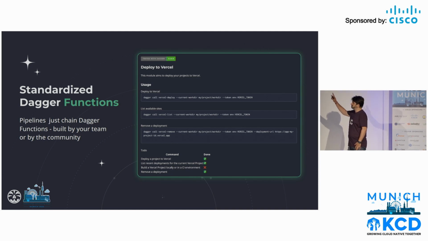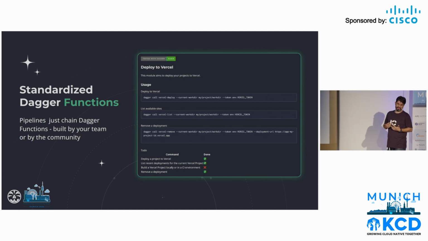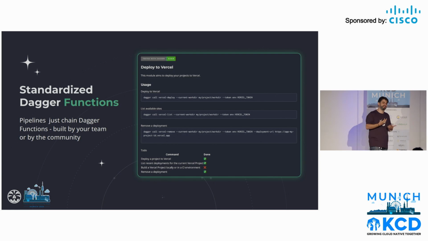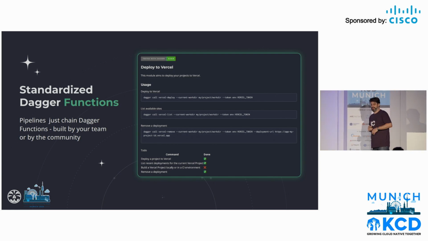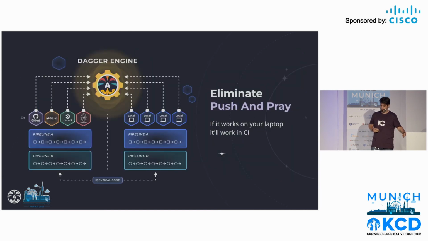There's a Dagger CLI, and then you basically call those functions to make them work. I will show how it works in the demo. With all of those, the identical code on your local machine and on the pipeline, remote machine, anywhere, it will work the same. So that's, I think, the most important feature from Dagger.